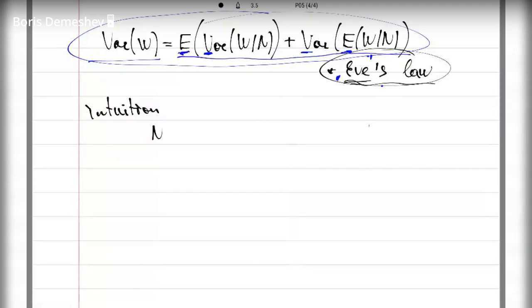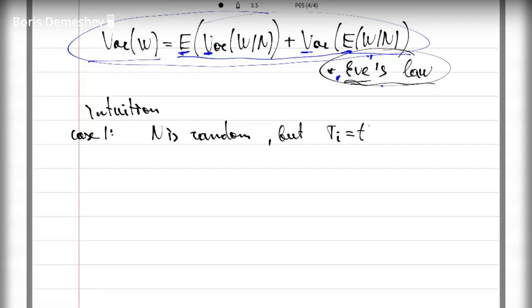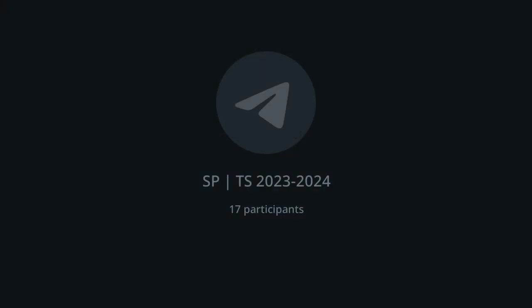Case 1: N is random, but every term you add is fixed, so all Ti's are just equal to t. So you just add a random number of constants.